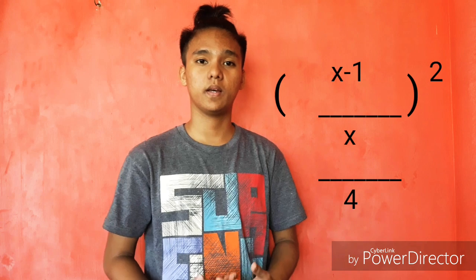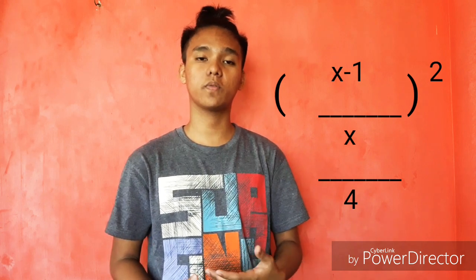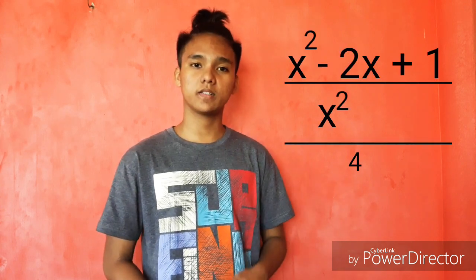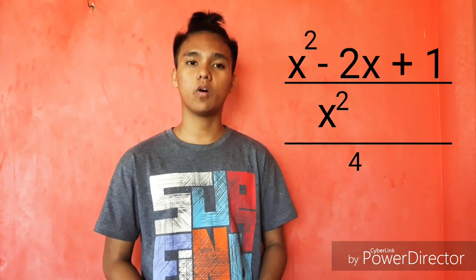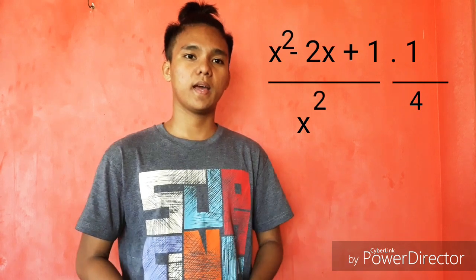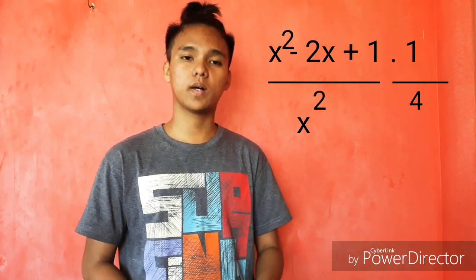Let us apply the function d of x in the x squared. So it will be the quantity of x minus 1 squared all over 4. Again, let us use the vertical method. So it will be x squared minus 2x plus 1 all over x squared all over 4.